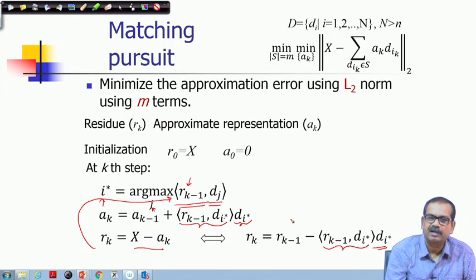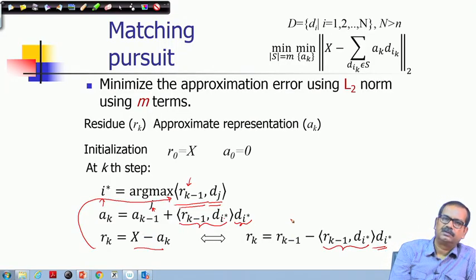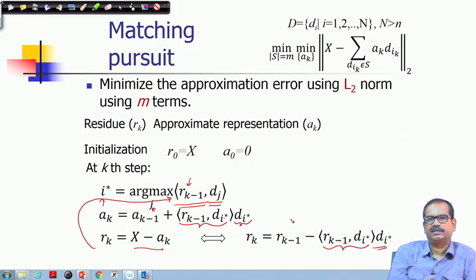So the residue gets reduced. Slowly the residue is reducing and tending to 0. When it becomes 0, it becomes an exact representation. Otherwise, whatever part remains, that error of representation remains as the residue.